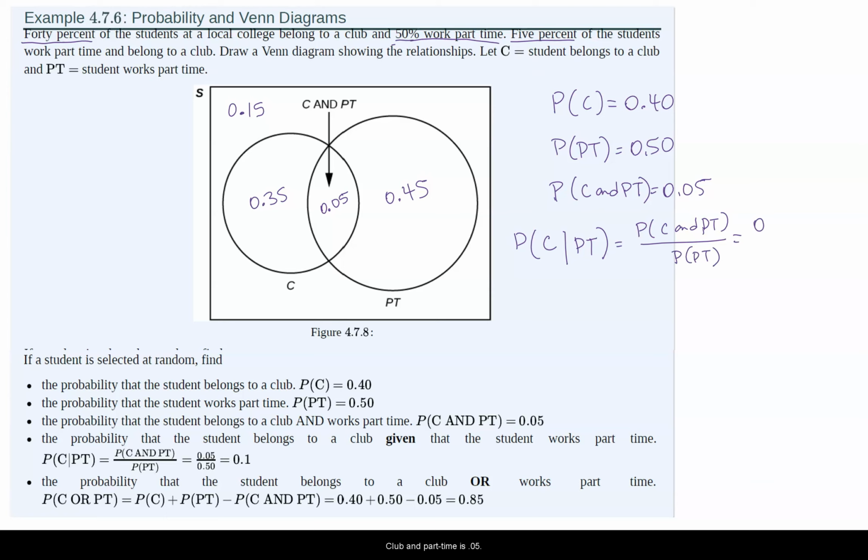Club and part-time is 0.05. Probability of part-time is 0.50. And if we divide 0.05 divided by 0.50, we get 10%, or 0.1. So given the student works part-time, there's a 10% chance he's also in a club.